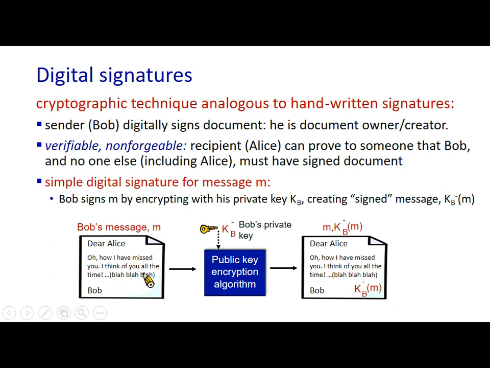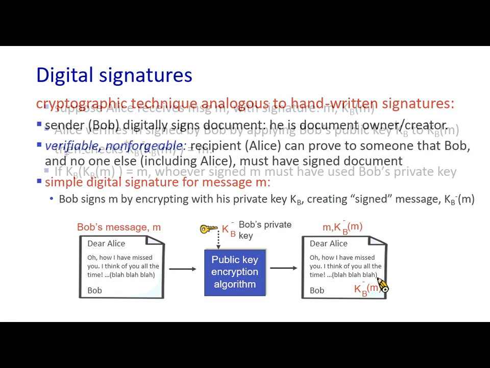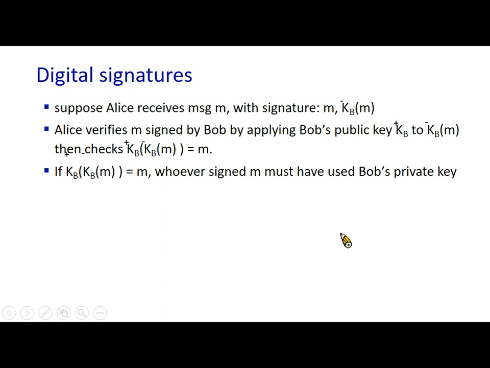So when Bob sends the message M, it is encrypted with Bob's private key using a public key encryption algorithm. So it's a digital signature.